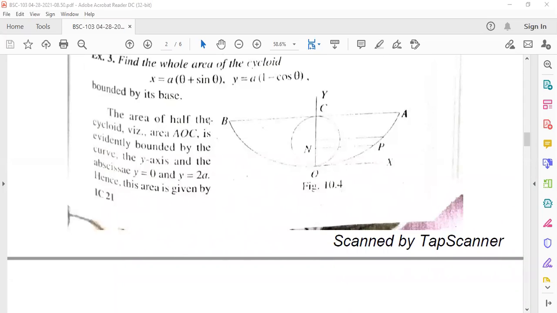The area of half of the cycloid AOC is evidently bounded by the curve, the y-axis, and the ordinates y equal to 0, that means the x-axis, and y equal to 2a. Hence the area is given by the integral 0 to 2a of x dy. Along the y-axis we are taking the integral.